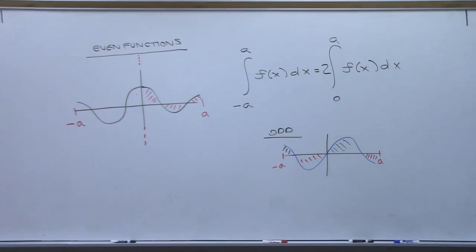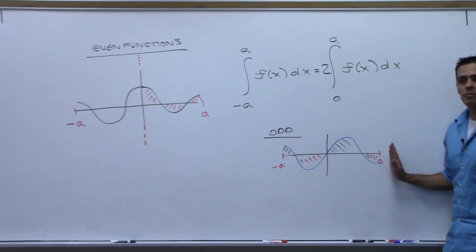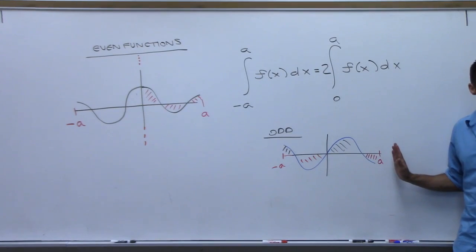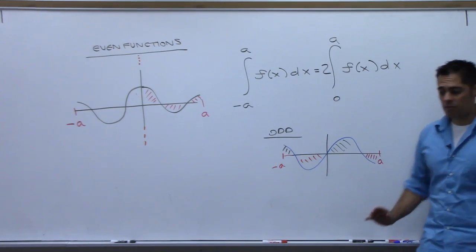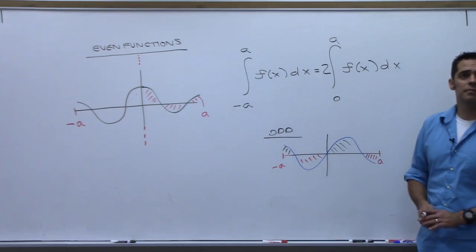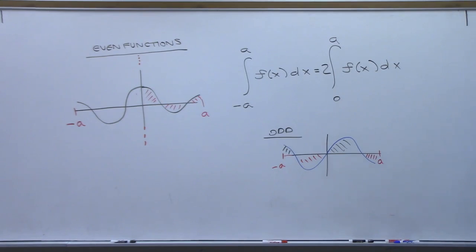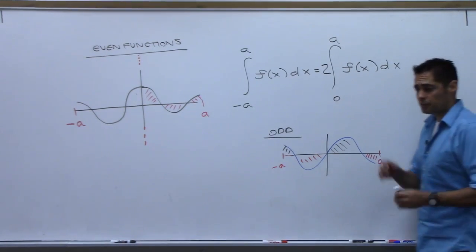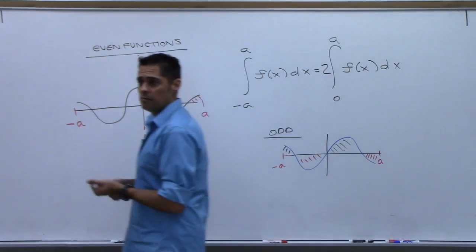So what should that be? If you integrate from negative a to a of an odd function, you should get 0. That's what the next property says. If f is an odd function, then the integral is 0.